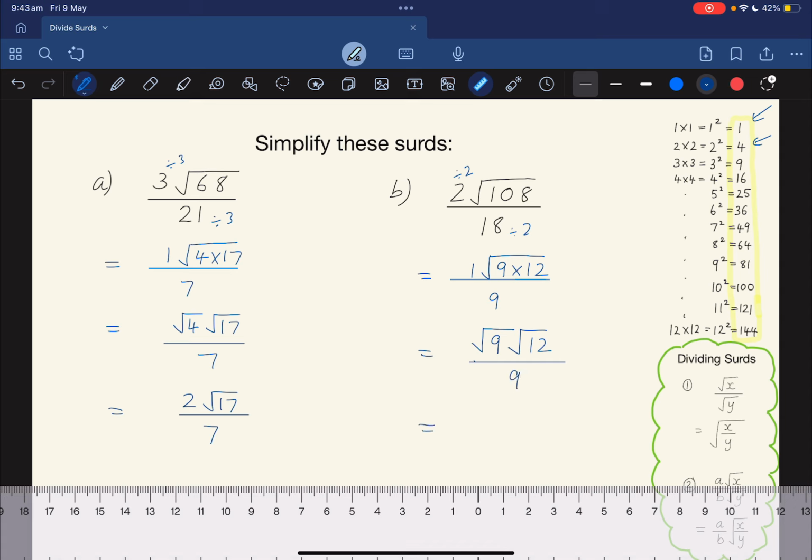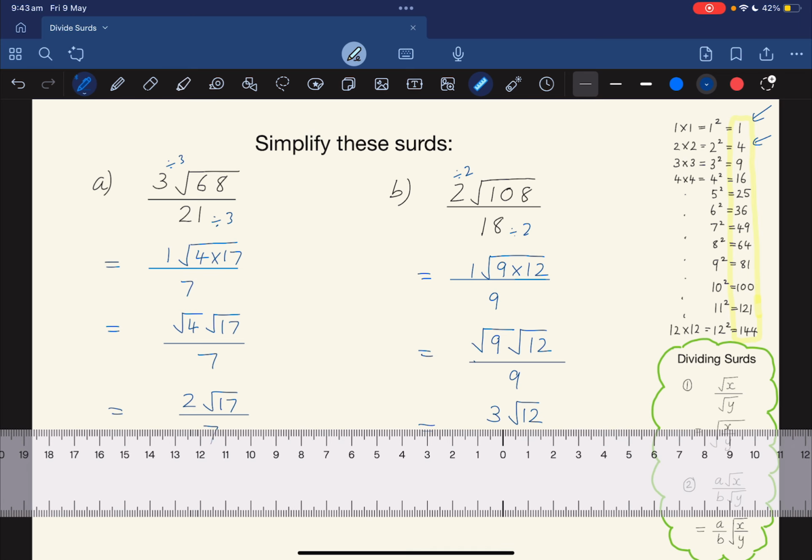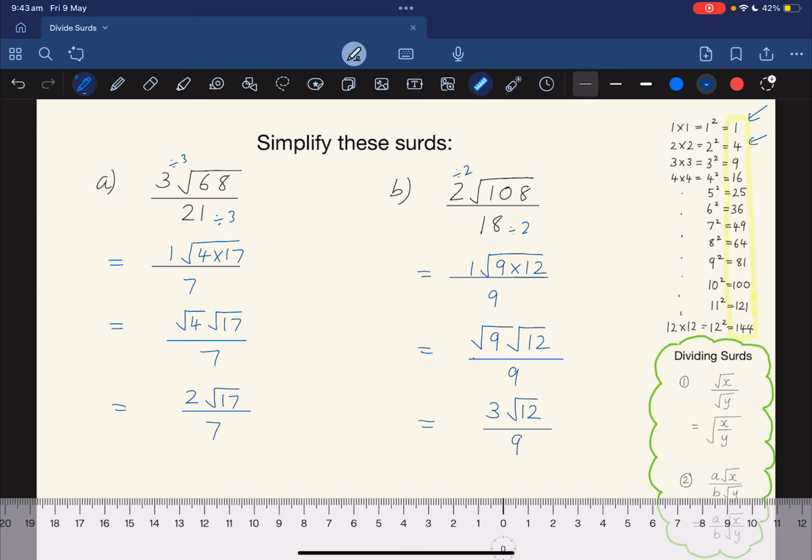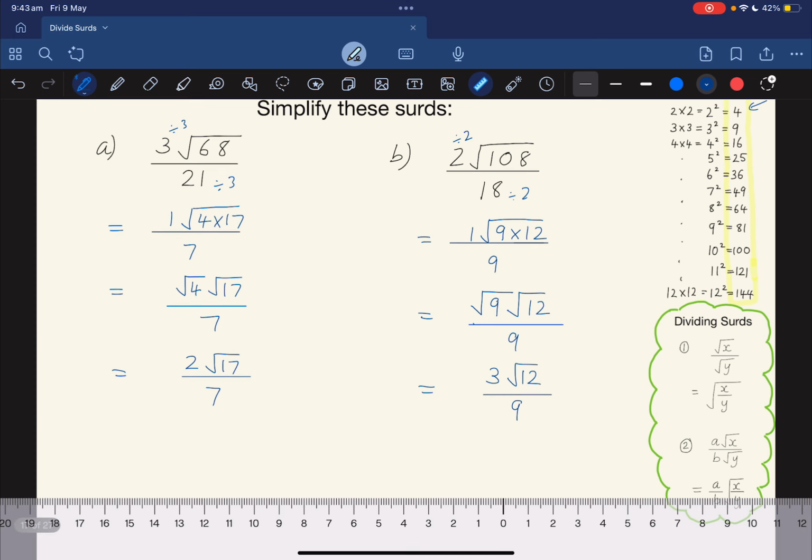Root 9 is 3. Are we finished yet? No, because we're always looking to simplify fractions. There's a common factor of 3. So we're not going to bother writing the 1 on the numerator. Root 12 on 3.